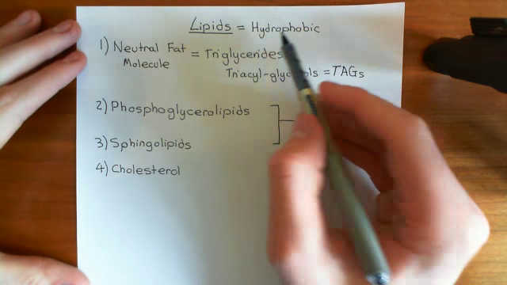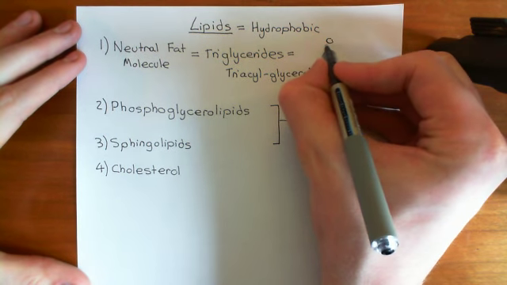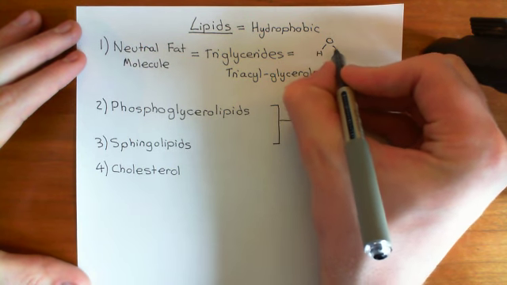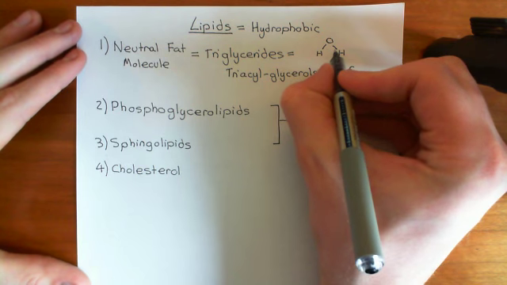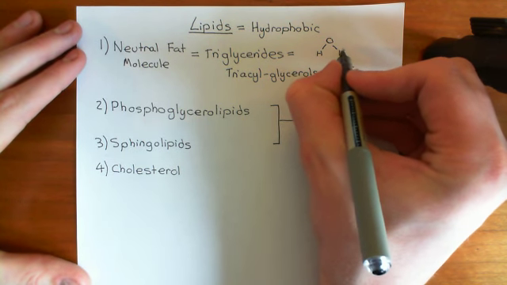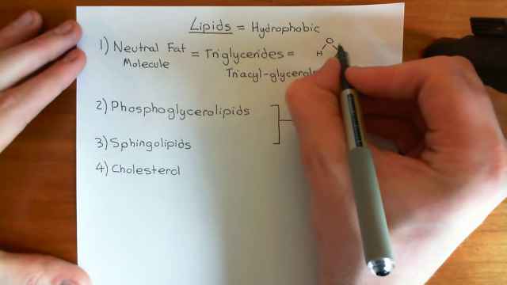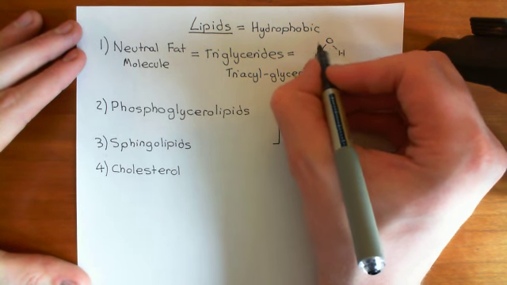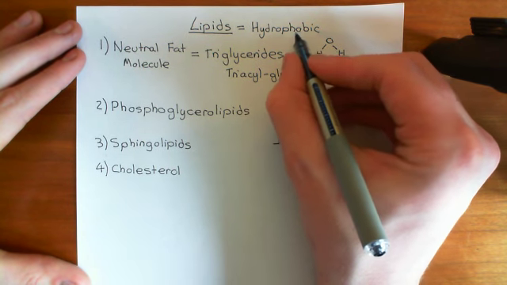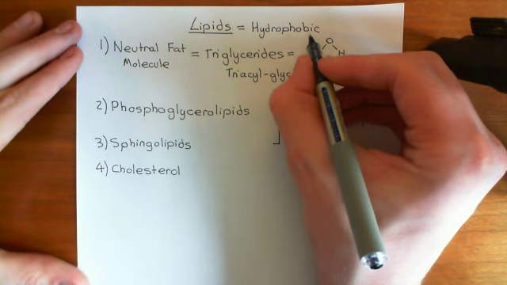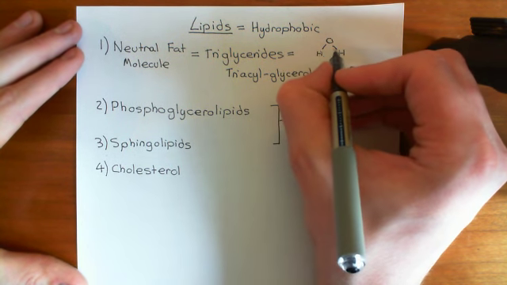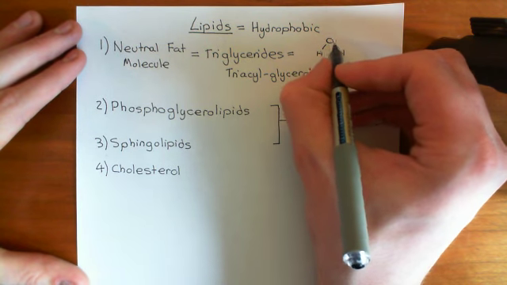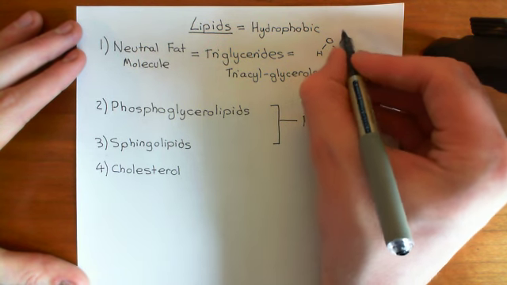And the reason is that water is a very polar molecule. So water can form very strong interactions with other polar molecules, such as other water molecules. Therefore, it would not be a good idea for water molecules to interact with these hydrophobic molecules, because the interactions between the hydrophobic molecule and the water will be much weaker than the interactions between 2 water molecules.